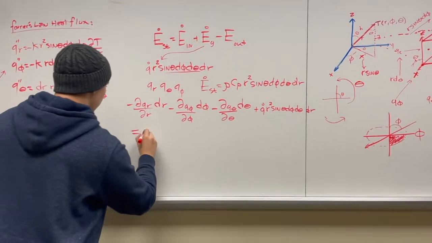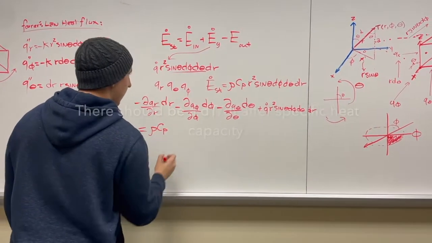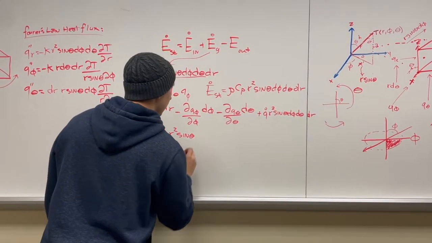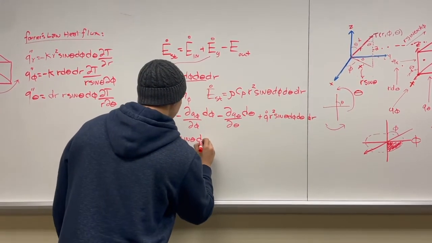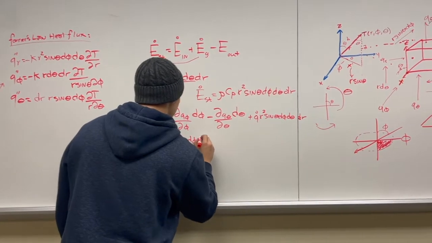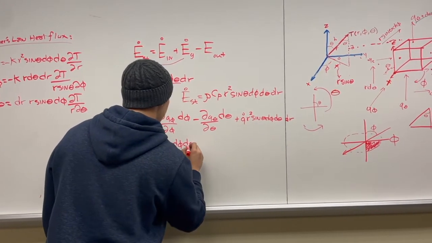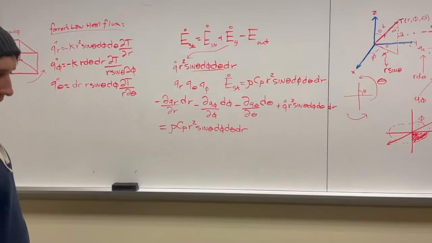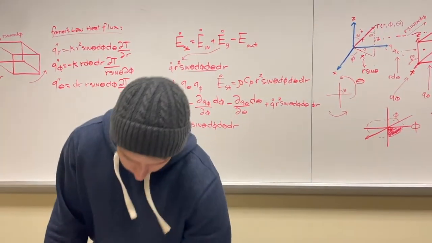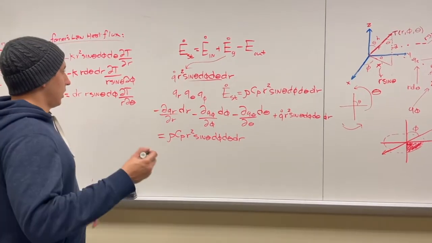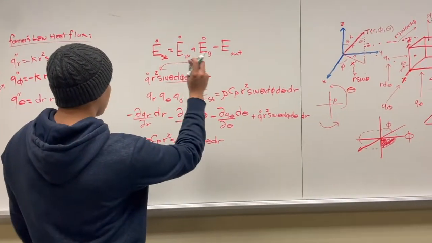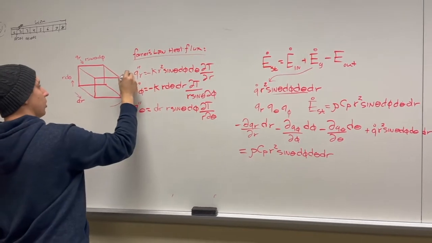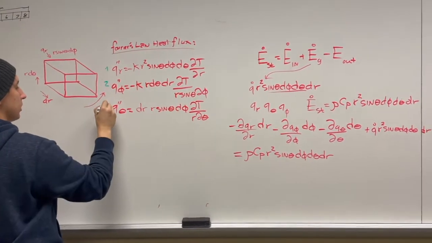So you have rho, specific heat capacity, r squared, sine theta, d phi, d theta, and dr. And what's going to end up happening here is you can take Fourier's law, these equations, and I'm going to call this 1, this 2, and this 3.